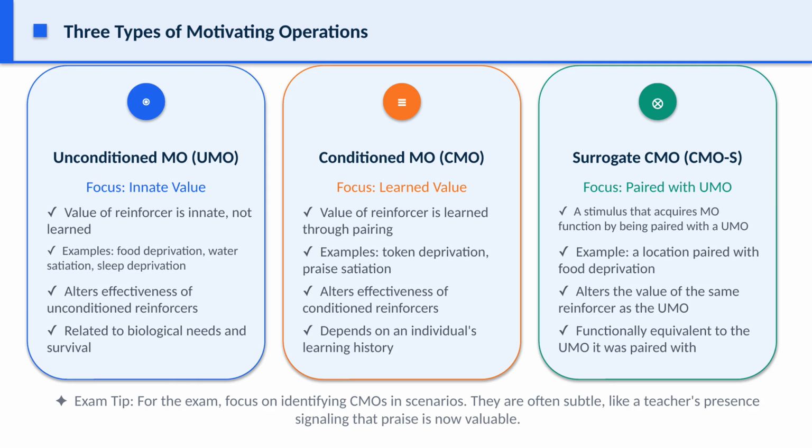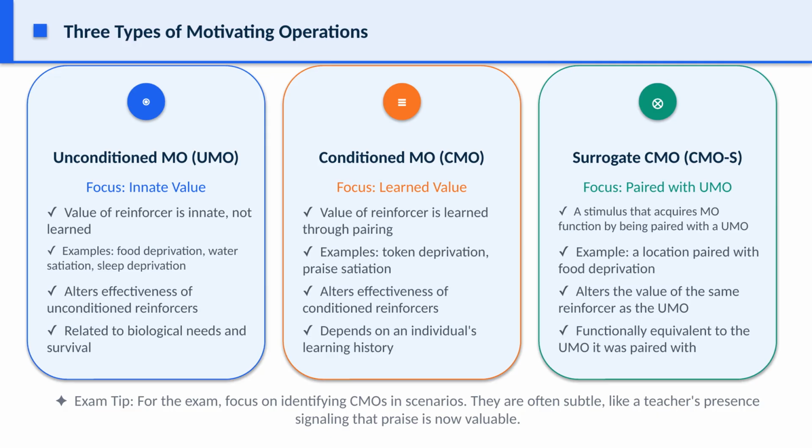Then we have conditioned motivating operations, or CMOs, which acquire their value through learning. For example, token deprivation only works because the tokens have been paired with backup reinforcers in the past. Finally, there's the surrogate CMO, or CMO-S, which is a stimulus that gains its effect by being paired with a UMO, like a specific location that triggers food-seeking behavior because it was consistently associated with food deprivation.